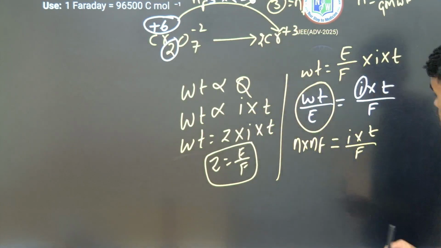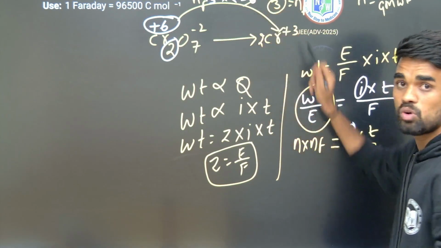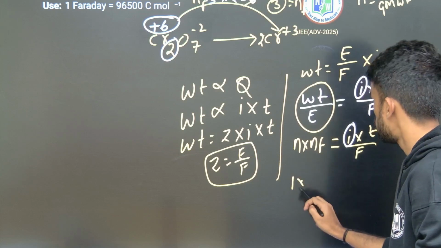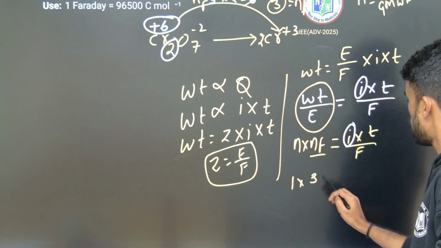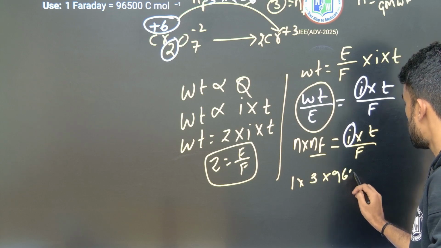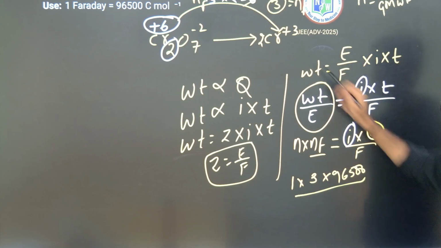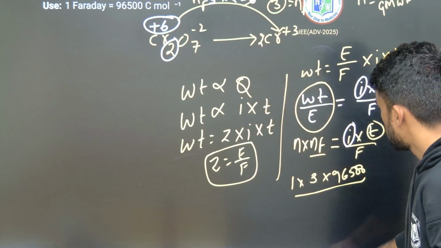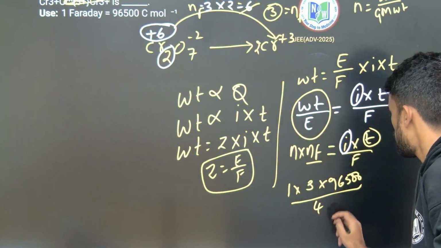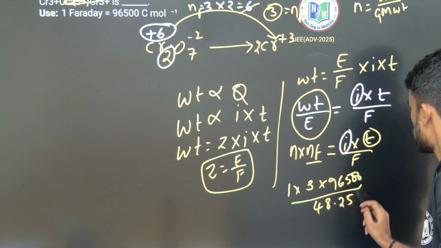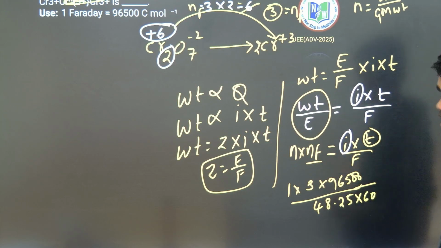From this, what we require is the I value. So what is n? 1 mole of chromium plus 3, so for 1 mole the n factor involved here is 3. F is 96500. And the time they mentioned is 48.25 minutes, so multiply with 60 to get it in seconds.